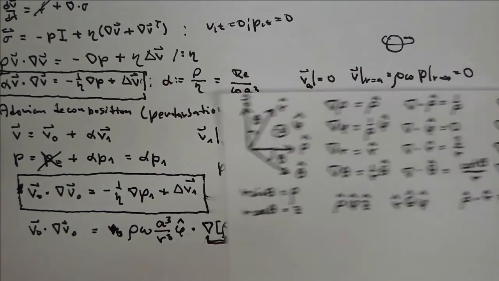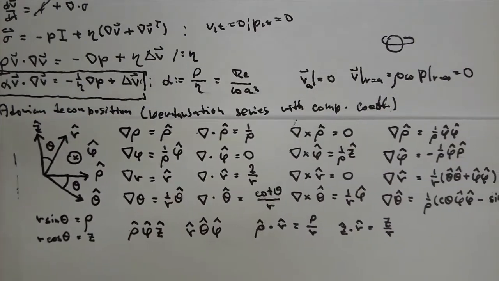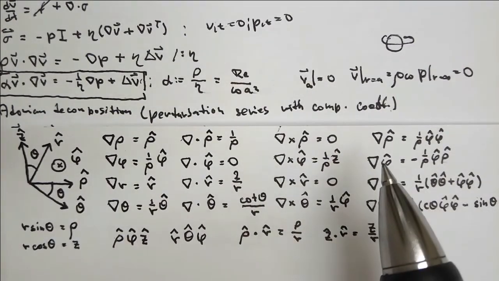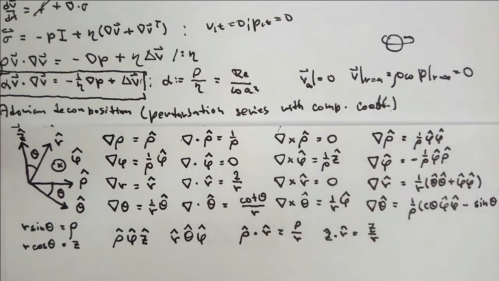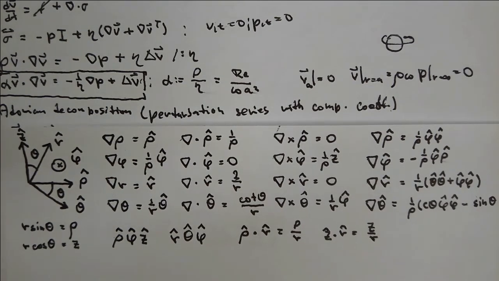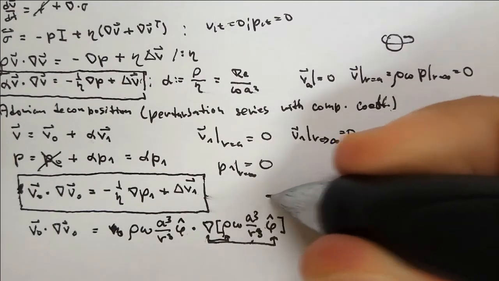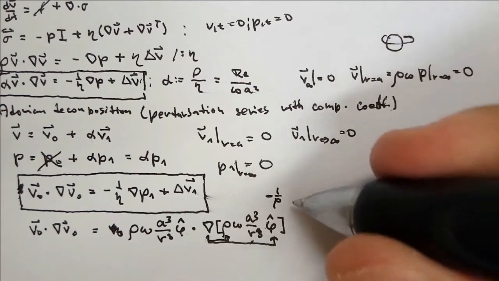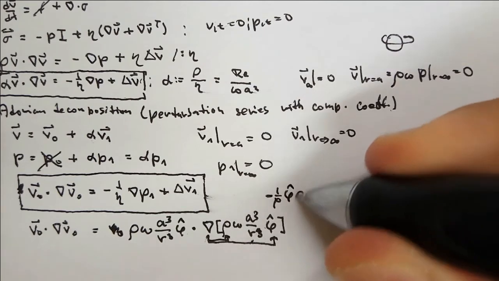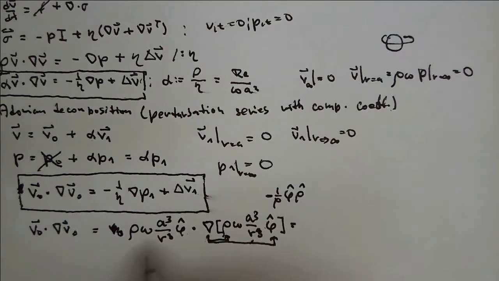For this purpose we will use our table, and nabla acting on the phi hat vector is minus 1 over rho times phi hat rho hat. So this is minus 1 over rho r, phi hat rho hat, so this means it is rho times rho divided by rho.